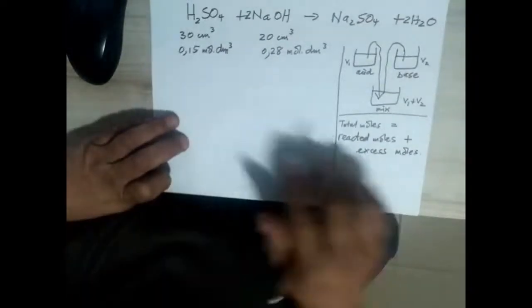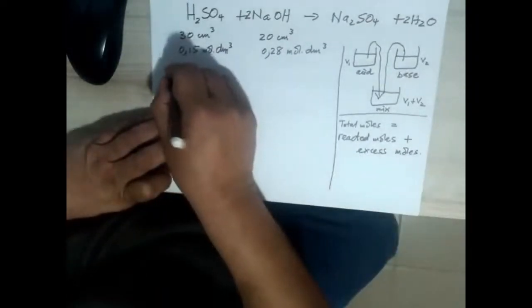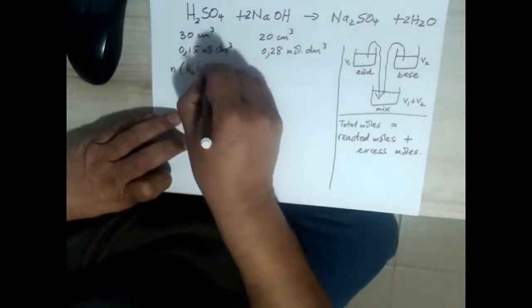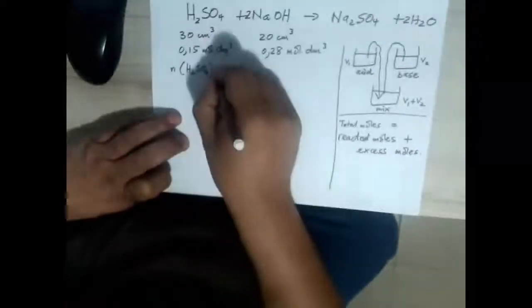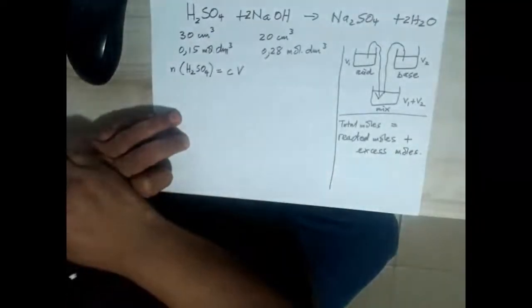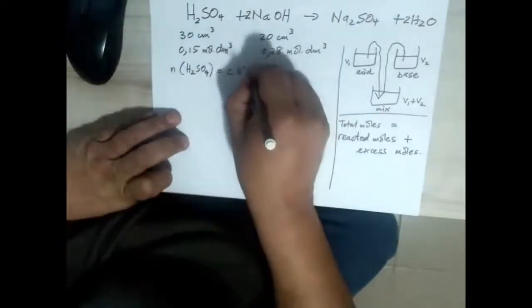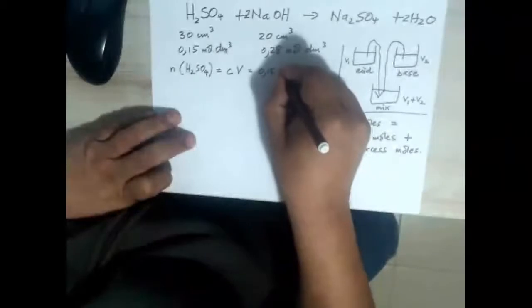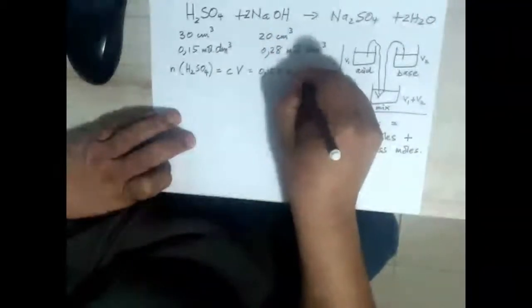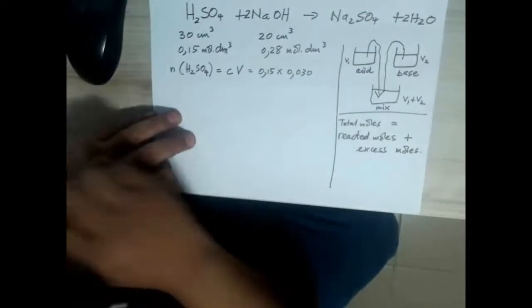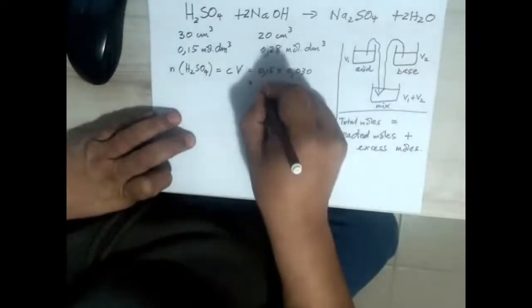So I'm going to start off by calculating the moles of sulfuric acid, and that is equal to concentration times volume. And that gives me, the concentration is 0.15 multiplied by 0.030.